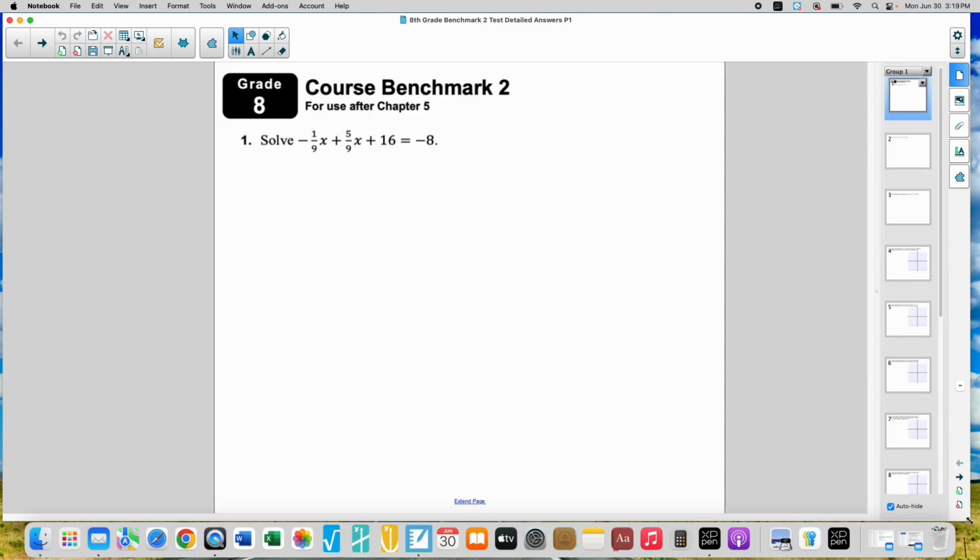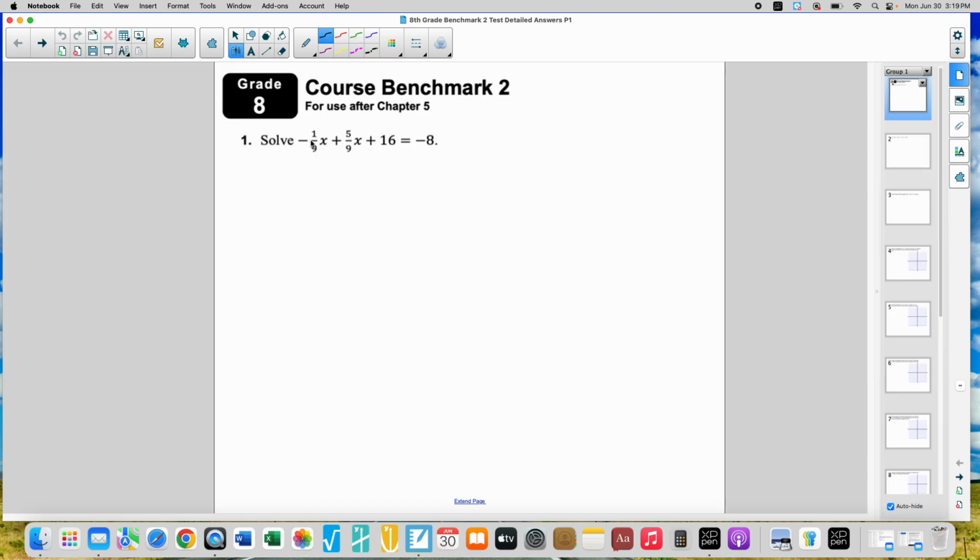A lot of this in the beginning will feel like we've done it before in benchmark 1, which is nice because we want that type of review. And then on the latter pages, we will start doing things that are not familiar.